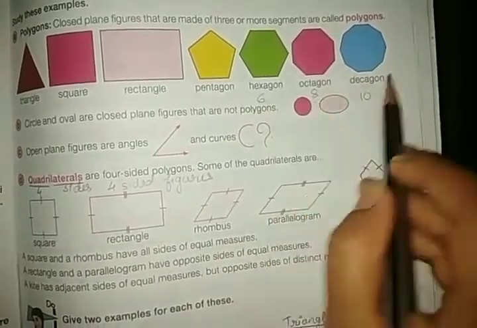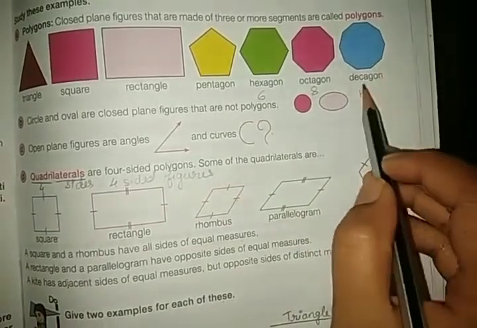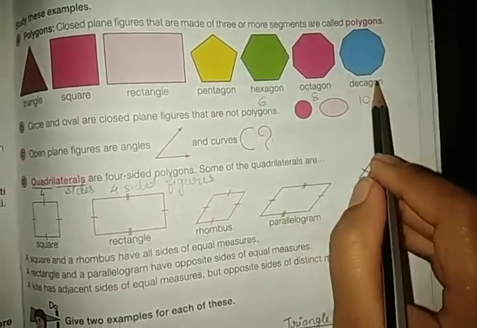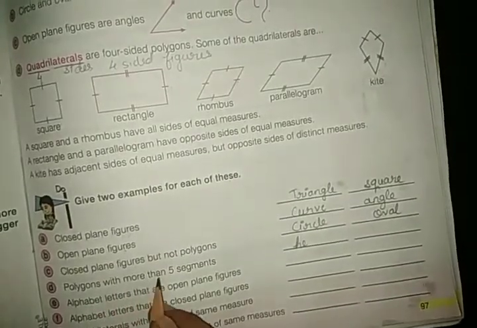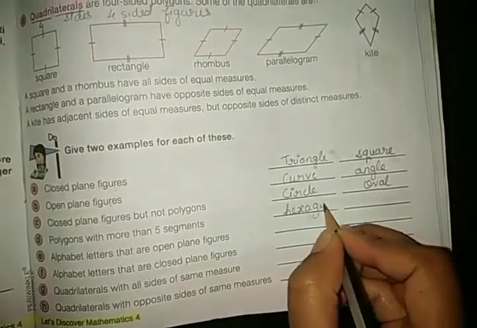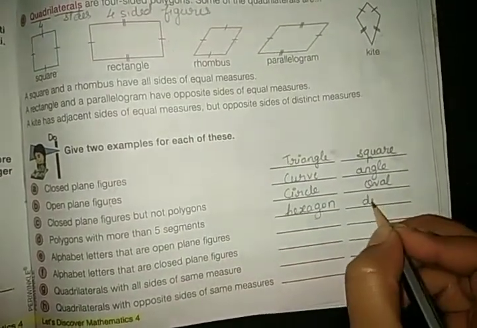Octagon has 8 segments and decagon has 10 segments. So we can write any of these. They have asked for polygons with more than 5 segments. Write hexagon and decagon.